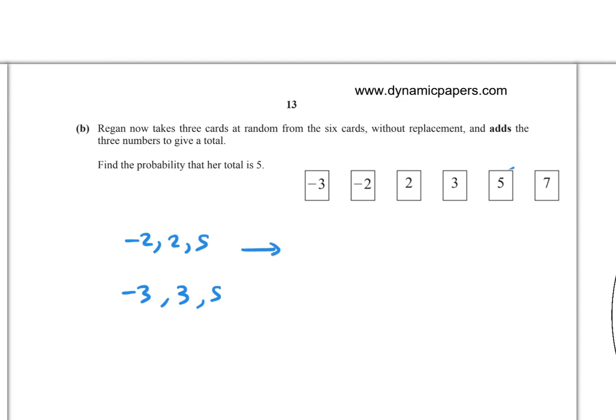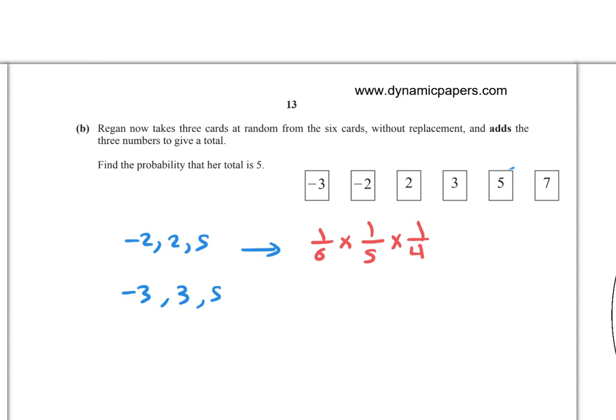If negative 2 and 2 and 5, the probability will be 1 over 6 times 1 over 5 times 1 over 4. And because the order does matter, we can switch. We can start with negative 2 and switch 2 and 5, or we can start with 2 and switch the rest.